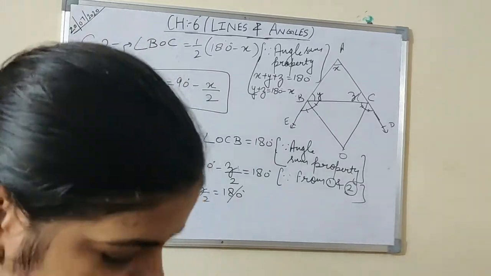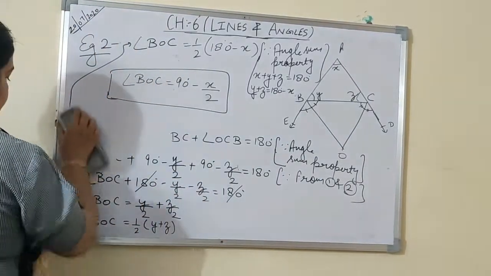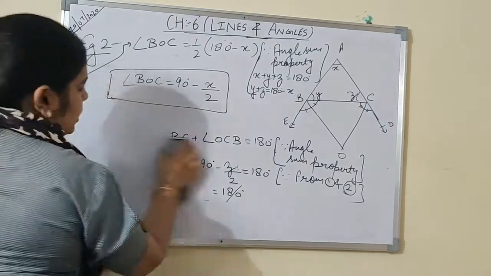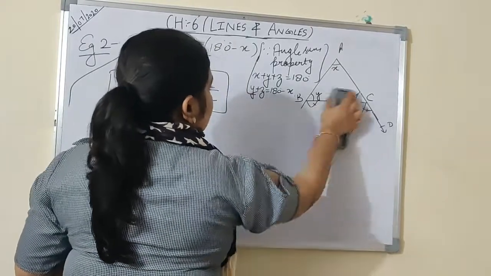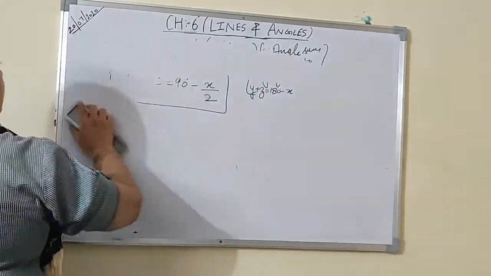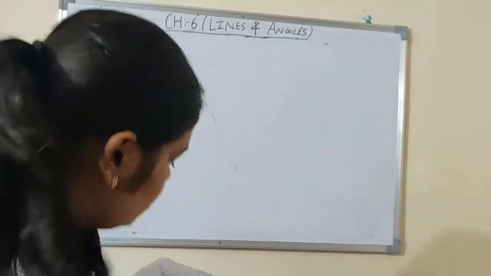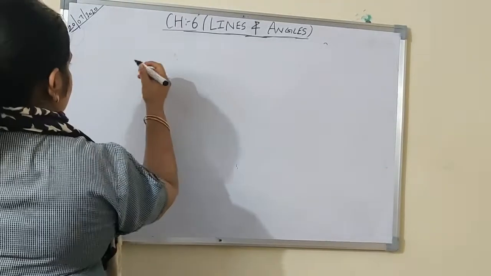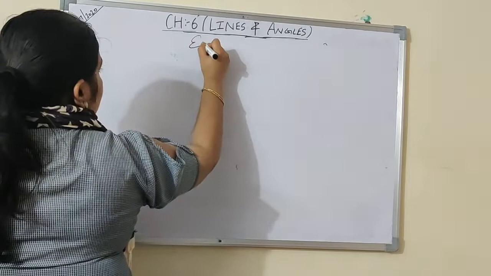I am taking one question from exercise 6.3. Again an important question. Please listen to it carefully. You can copy it side by side too. I am erasing it. Now question number 6 we will do here of exercise 6.3.